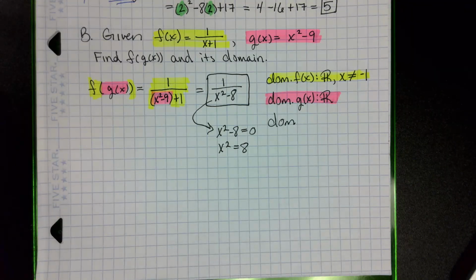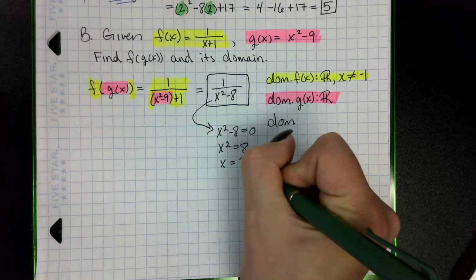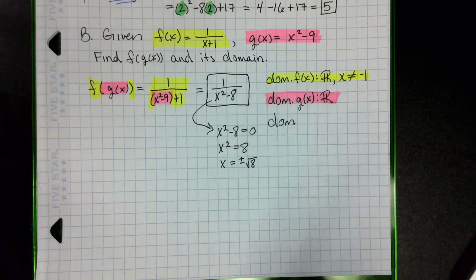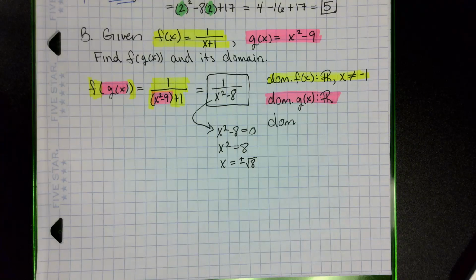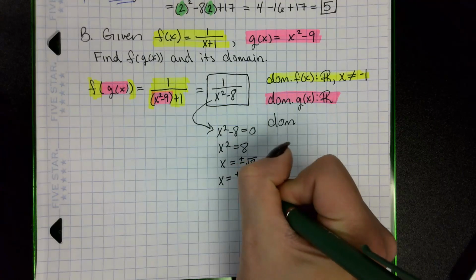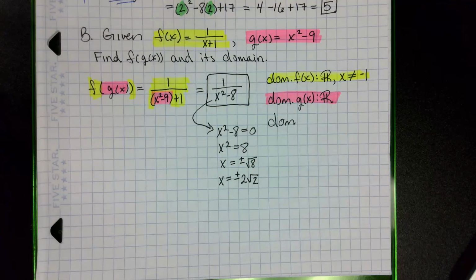We take the square root, then x equals plus or minus. I'm going to go ahead and write square root of 8, but this is something you might as well just memorize now because you're going to write it about 1,000,000 times this year. That x equals plus or minus 2 square root 2. That is square root 8 simplified.